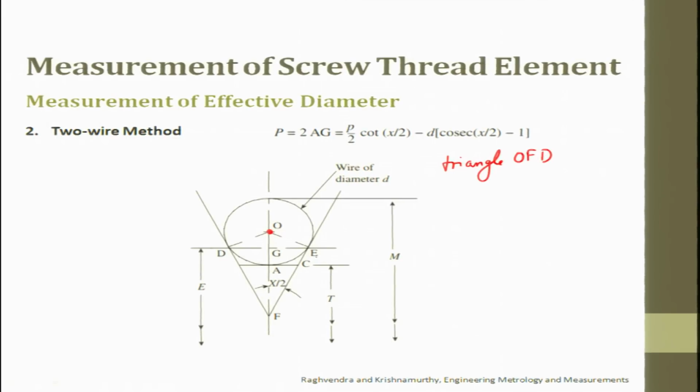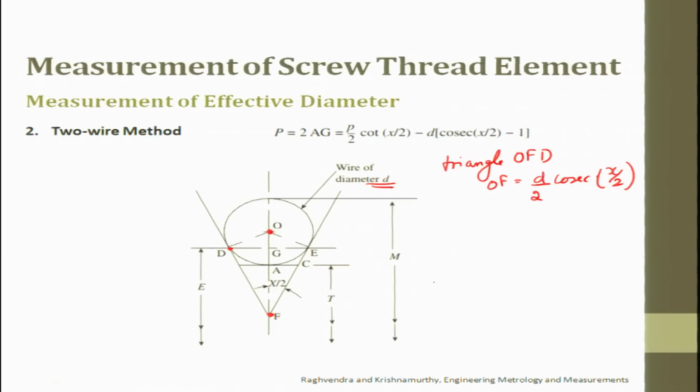In triangle ODF, OF is equal to D by 2 cosecant x by 2, where D is the wire diameter.